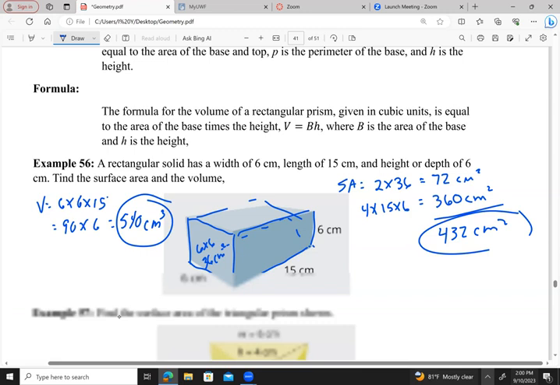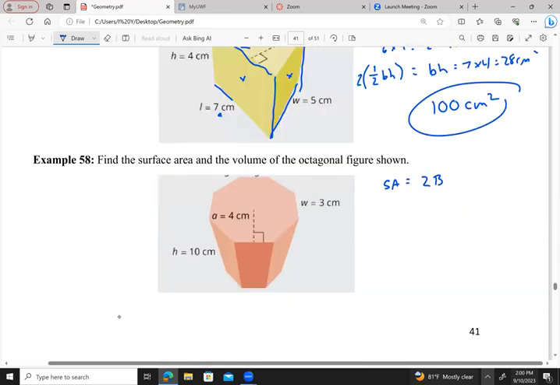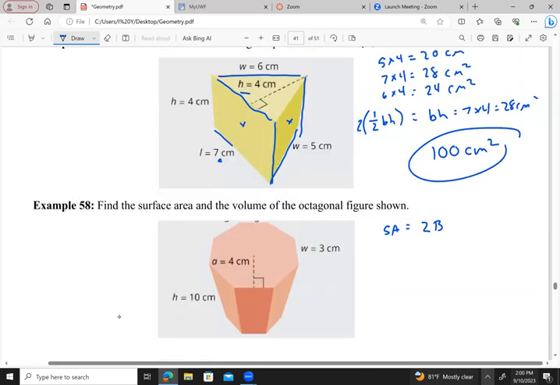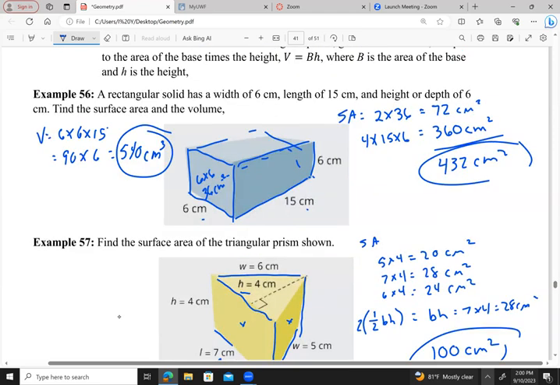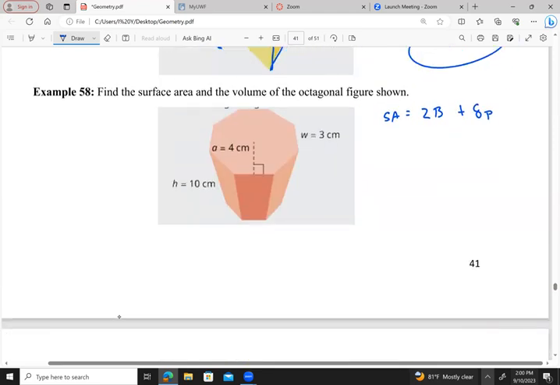Oh, so that's how they're doing this. That's 8 times the perimeter, which in this case would be 3 times 8, 24.